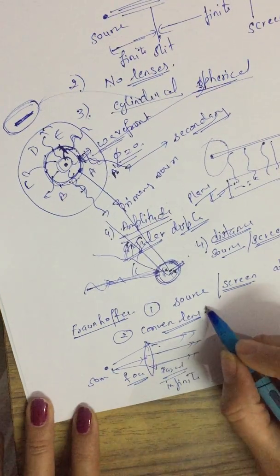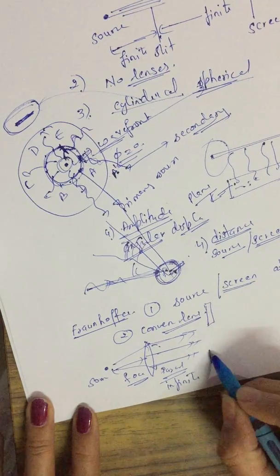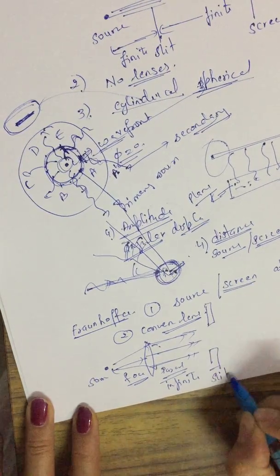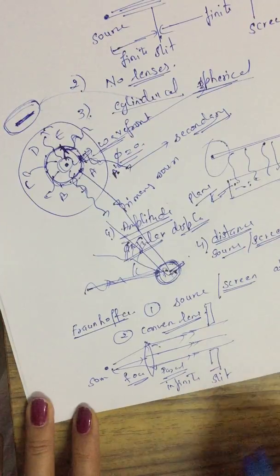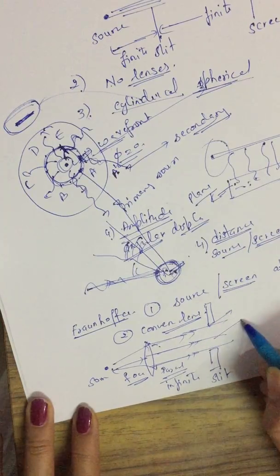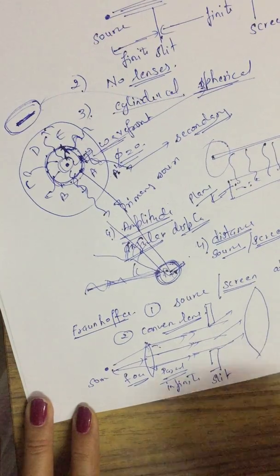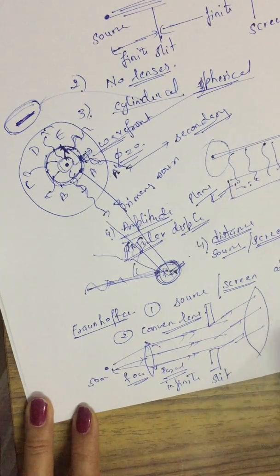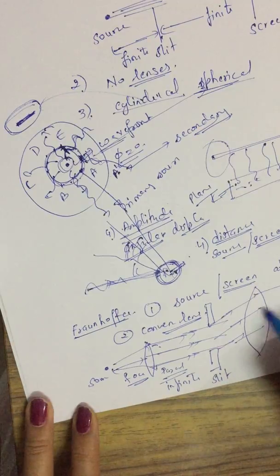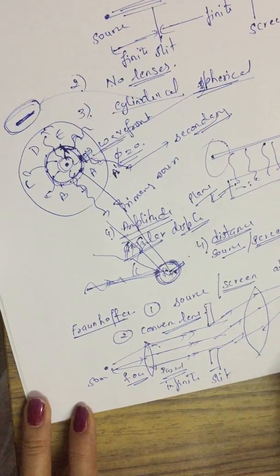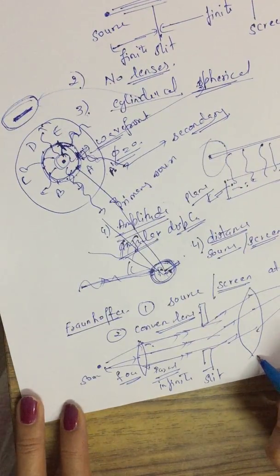These parallel rays are allowed to fall on a slit, and when there is a bending of the beam, these are again focused on the screen with the help of another convex lens.